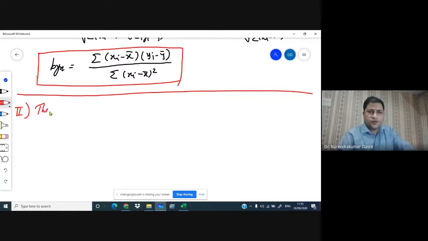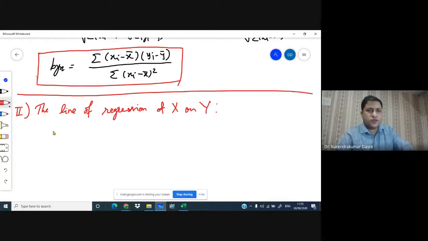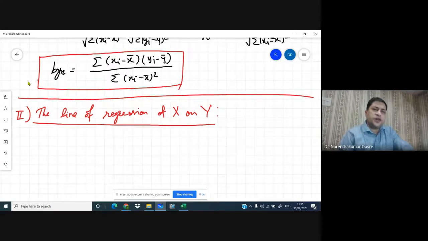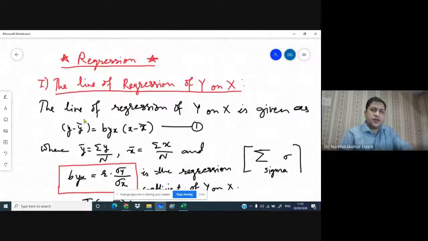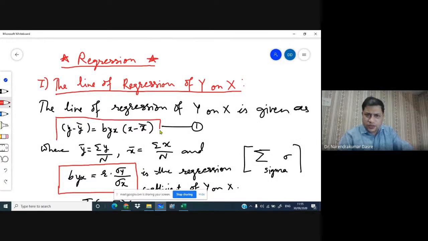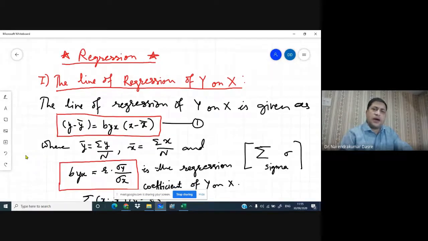So we'll be having the second one. The line of regression of x on y. Okay, so we have to consider next the line of regression of x on y. As we have seen, the line of regression of y on x, and now we have to see x on y.